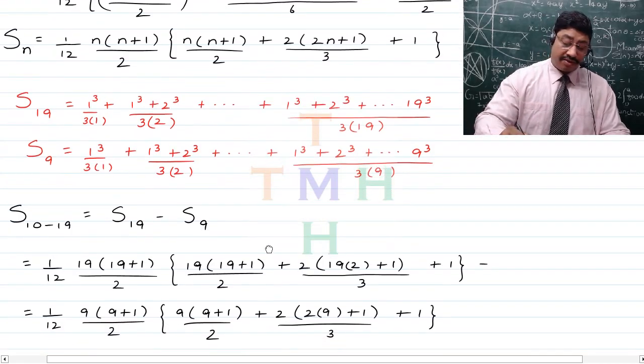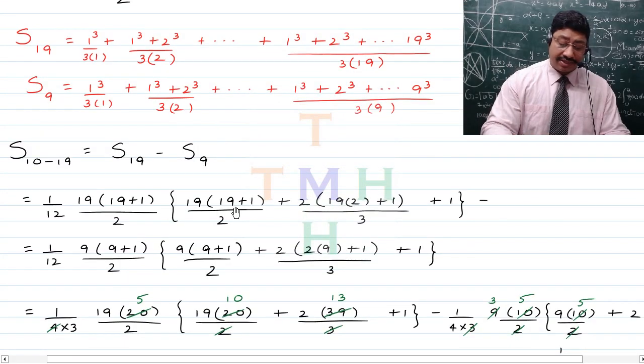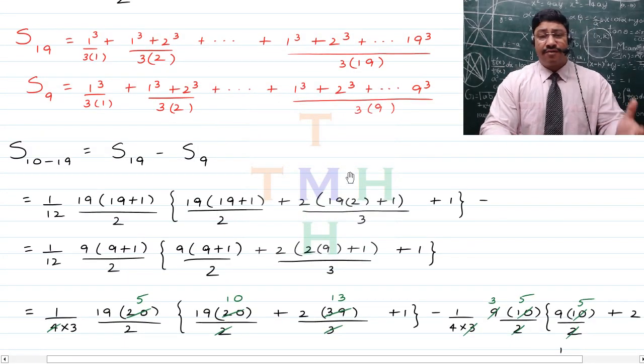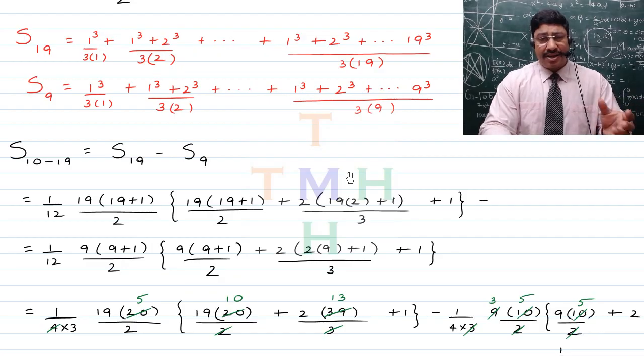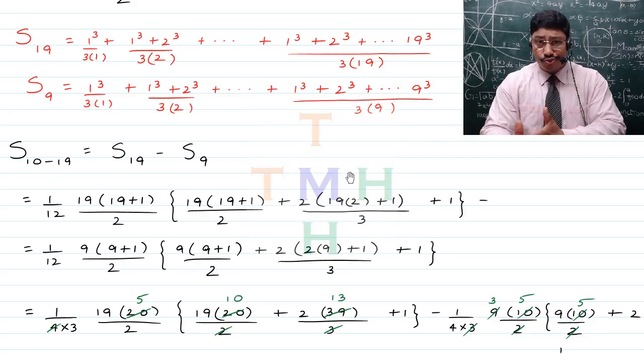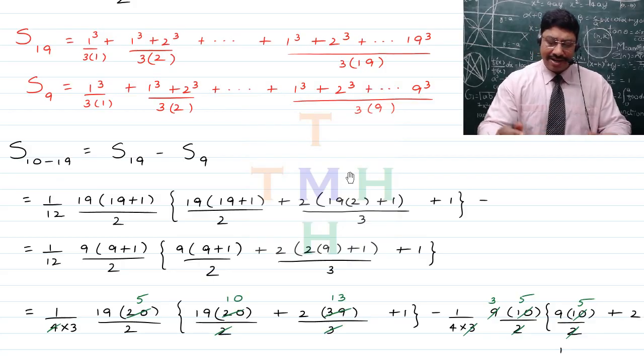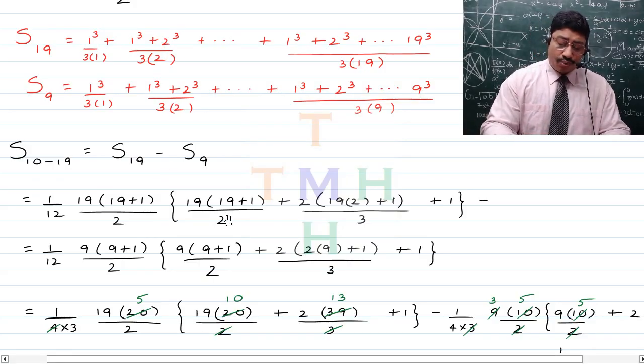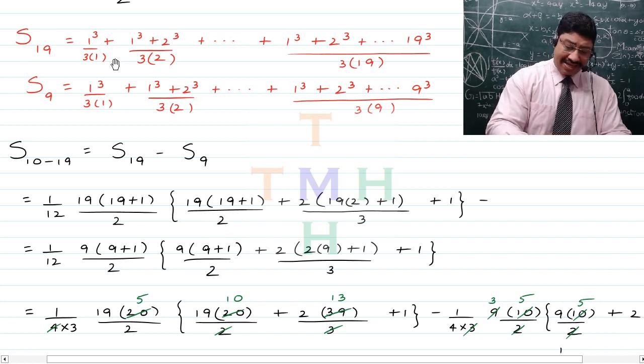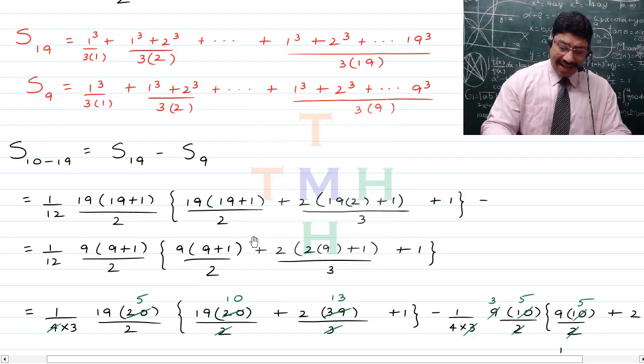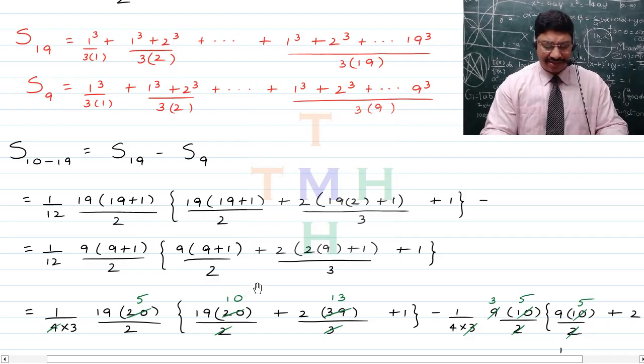Now children, when we find out the mutual subtraction of both of these, we will actually get from the term S10, that is 1 cube plus 2 cube and so on up to 10 cube divided by 3 times of 10, so on up to 1 cube plus 2 cube, so on up to 19 cube divided by 3 times of 19, right? And now in this, we substitute values of n for the S19 series and for the S9 series, and simplify, that's it.